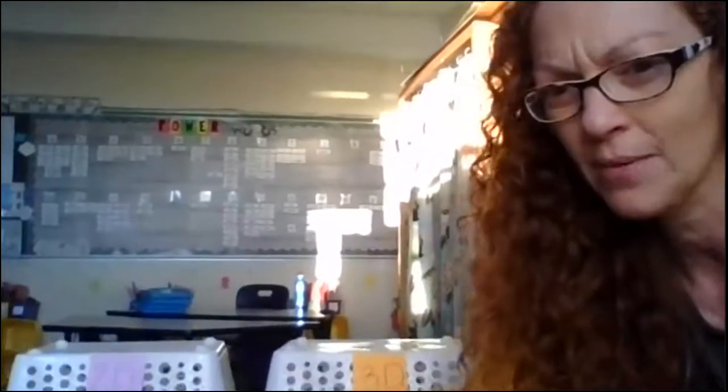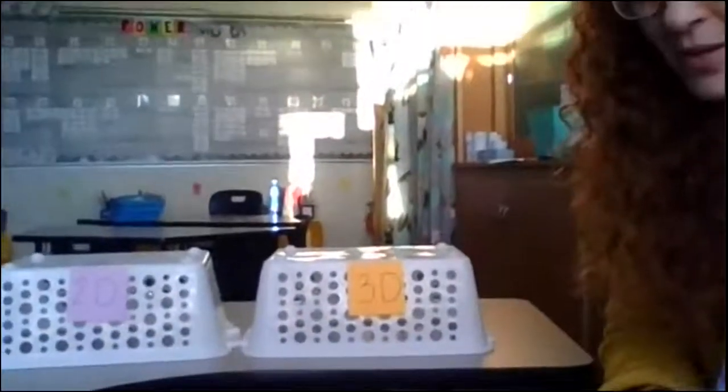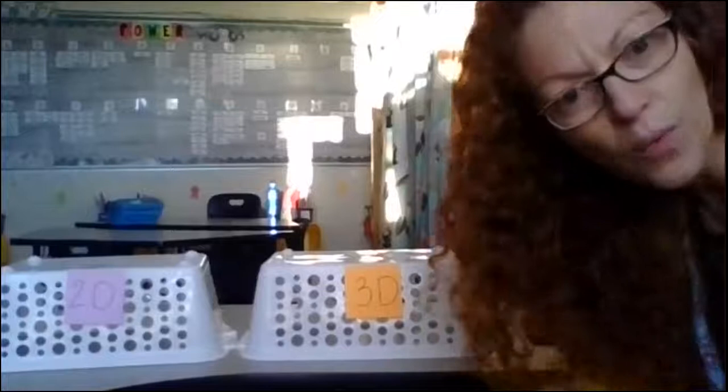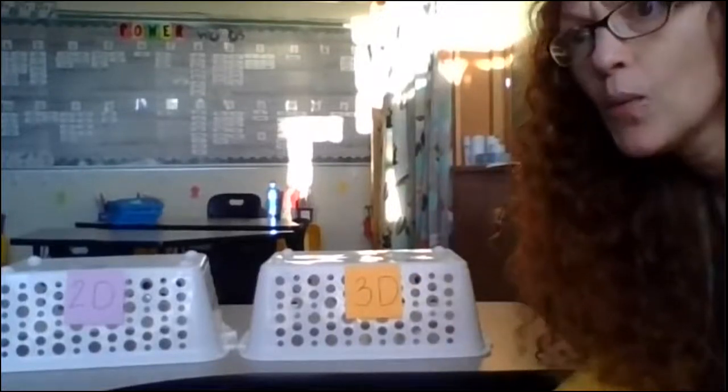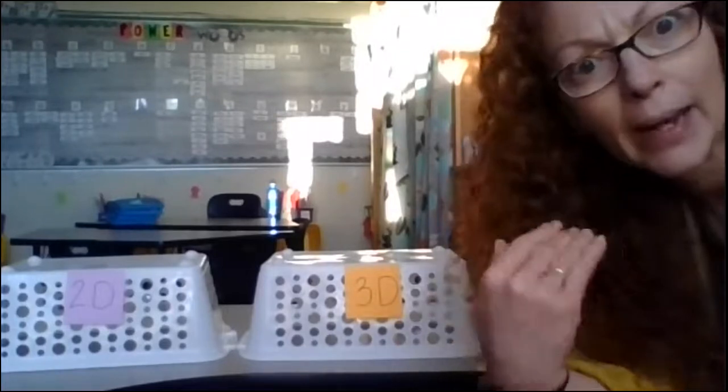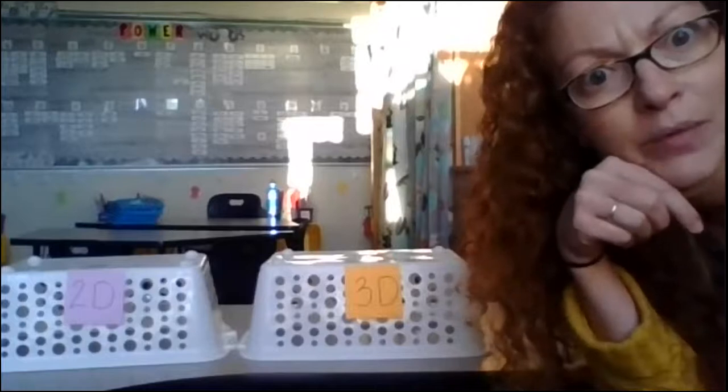If you look right here, I have 2D and 3D. So we are going to be sorting shapes today, all right? We can use the clapping test and the looking test. I'm not gonna try sitting on these shapes. Don't even ask me to.